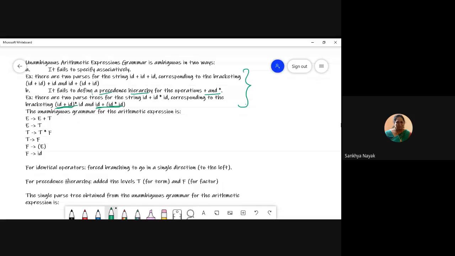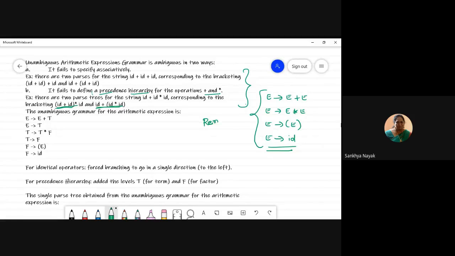The grammar we saw was E derives E plus E, E derives E star E, E derives open bracket E closed bracket, and E derives ID, correct? Because it is ambiguous, we have to see if we can remove the ambiguity from this grammar. Of course it is possible. In the last class we saw one example where we removed ambiguity from a grammar.